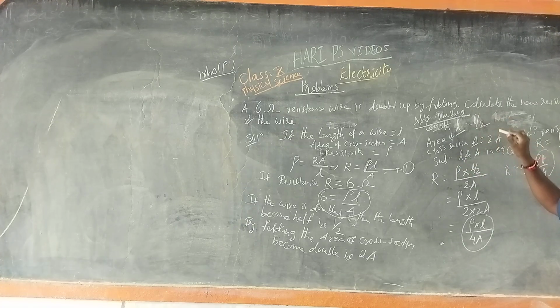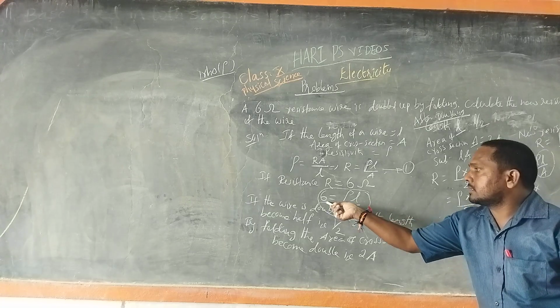So this length and area of cross section are substituted here to find the new resistance. After simplification we can write R is equal to 1 by 4 into rho L by A.